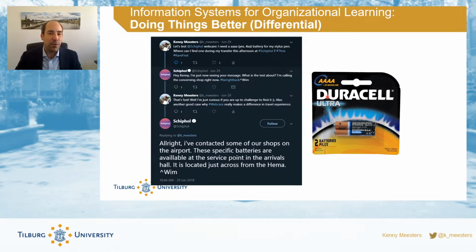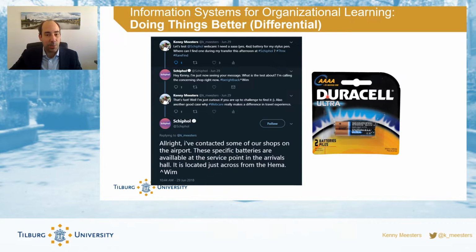And I had a layover in Schiphol in Amsterdam. Now, I was wondering if that battery would be sold somewhere, but I didn't have time to go through the whole airport and try all the different shops to see if they have it. So I went on Twitter, I asked KLM, can you find somewhere this very rare quadruple A battery? And they said, let me check, I'm going to do some phone calls.